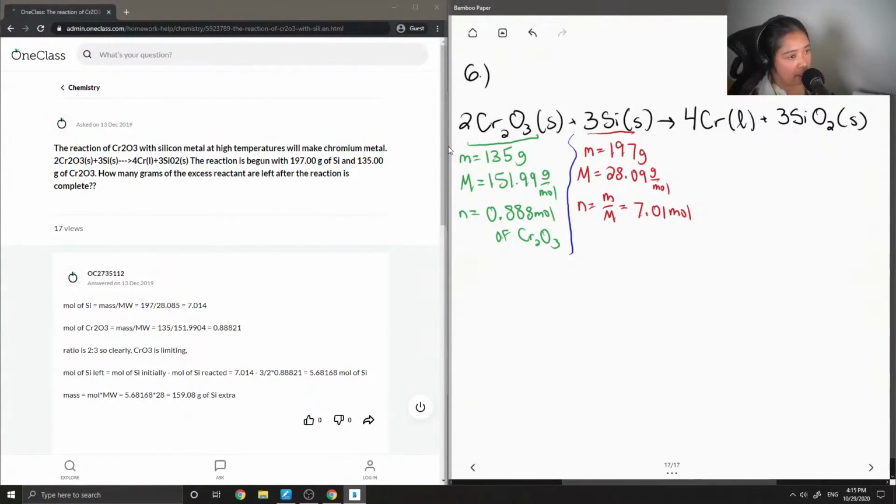So we see that 2 moles of the chromium oxide is needed to react with 3 moles of the silica. So I'm just going to write over here, the ratio is 2 to 3.